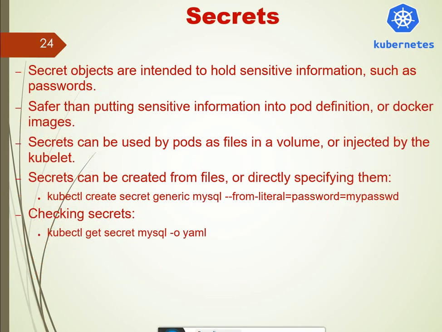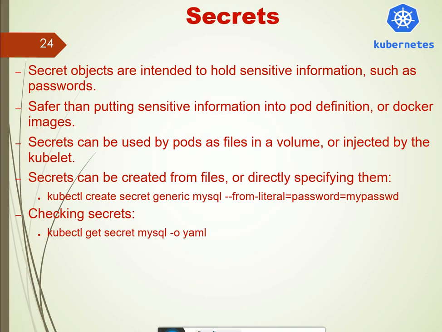Secrets. Secret objects are intended to hold sensitive information such as passwords. This is safer than putting the sensitive information into pod definitions or Docker images. Secrets can be used by pods as files in a volume or injected by the kubelet.